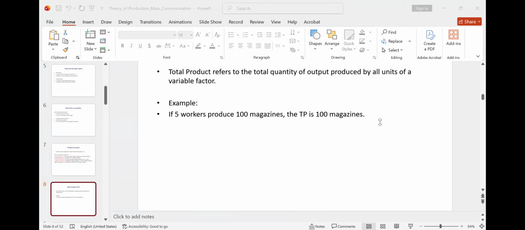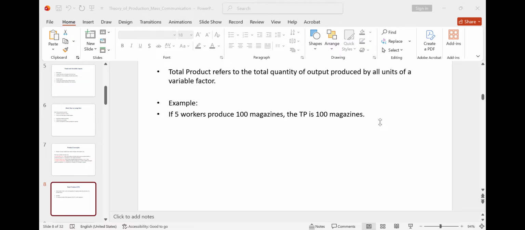Joanna, Kelechi, can you unmute yourself and speak? Kelechi? Yes, sir. I said, if 5 workers produce 100 magazines, the total product is 100 magazines.